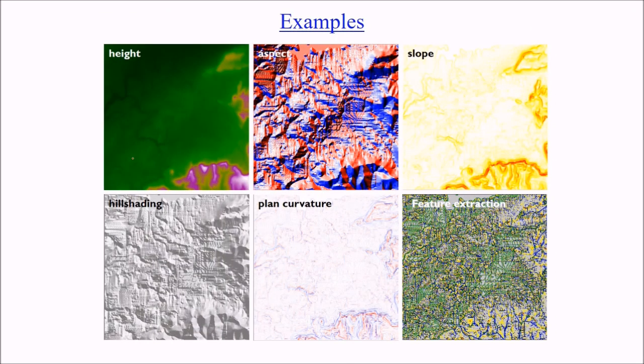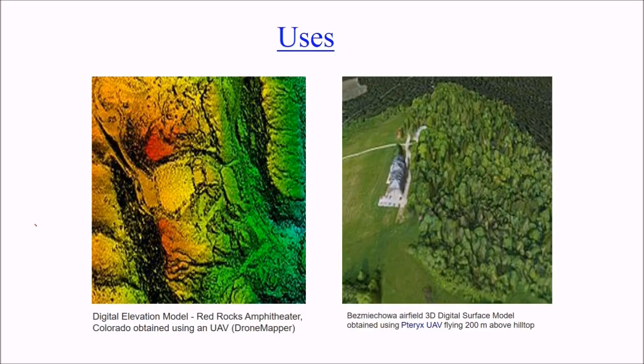And what are the outputs you can draw from a DEM? You can make a height map, an aspect map or a slope map, or hill shading. Hill shading means if you want to observe that light is coming from the sun at a certain angle, which area is experiencing a shadow, that is hill shading. Then the plan curvature, the feature extraction can be done using DEM. There are other uses also.